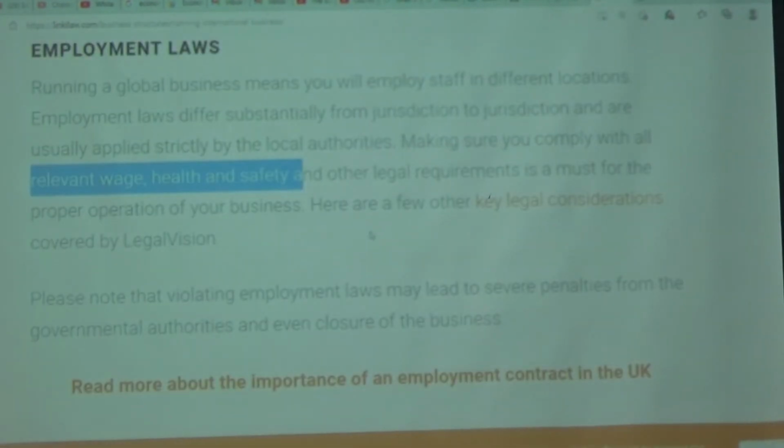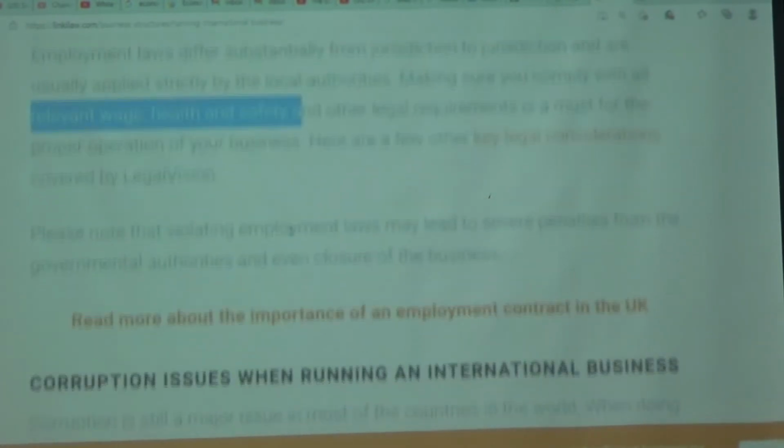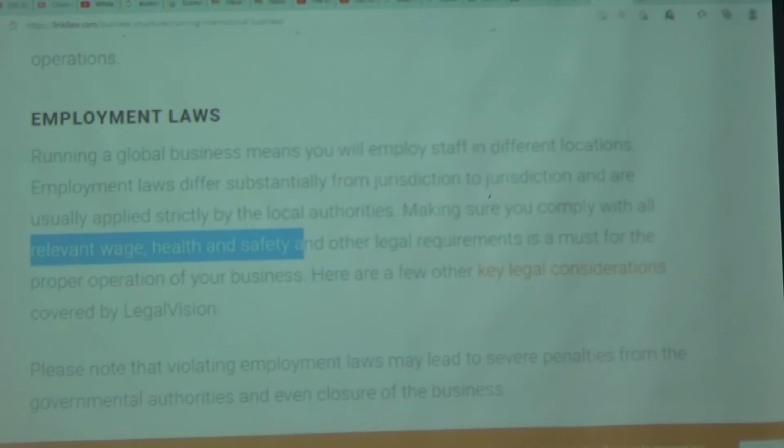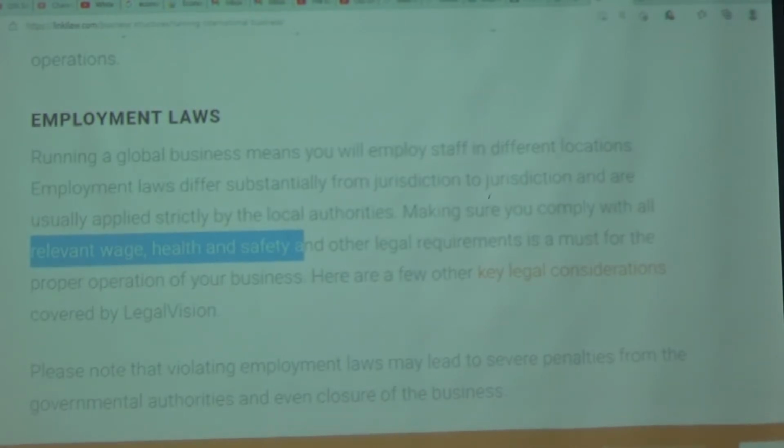Taxes. Don't forget taxes for the employees. Sometimes there's a lot of taxes, and when the taxes are high, then hiring new staff is more expensive, and the business has to be very careful about how much it's actually going to cost.